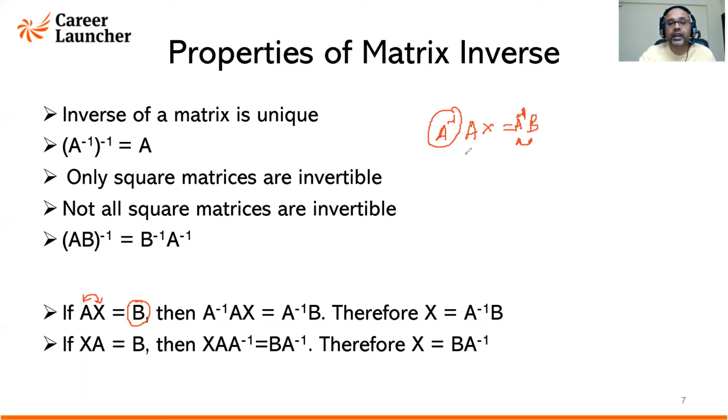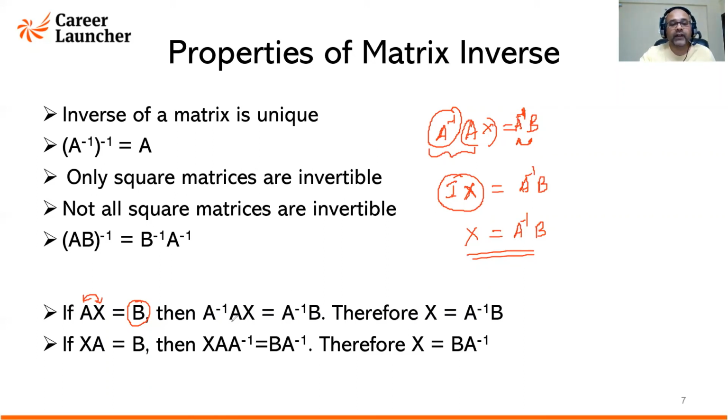Now what happens because of this? By the associative property of multiplication, if you remember for matrices, whether you do A into X first or these two first, the answer is the same. And now you know that A inverse into A is I. So this becomes I into X, which is A inverse into B. But the identity matrix into X will always be X itself. So X will be A inverse into B.